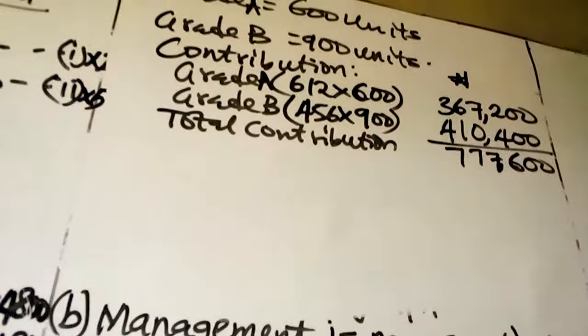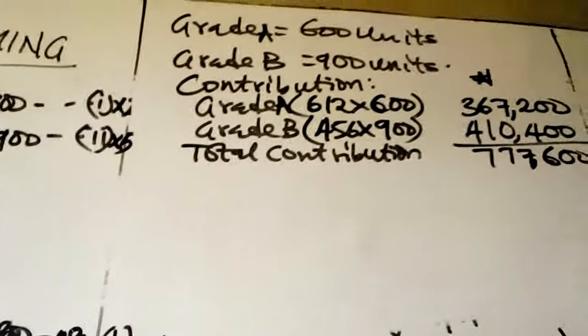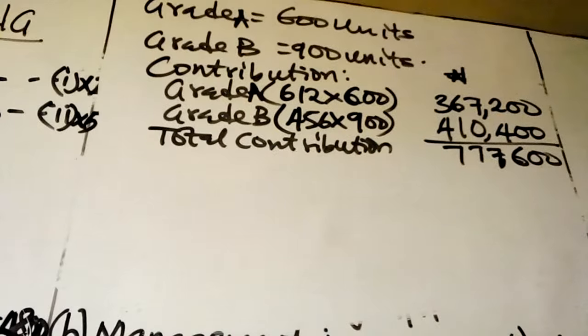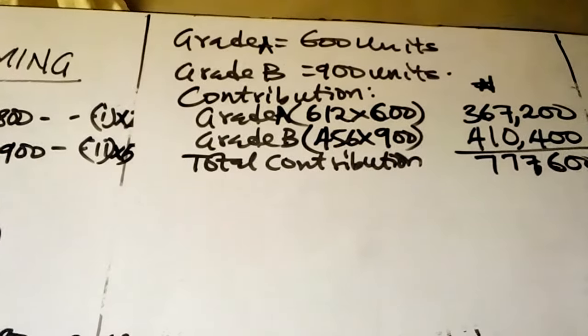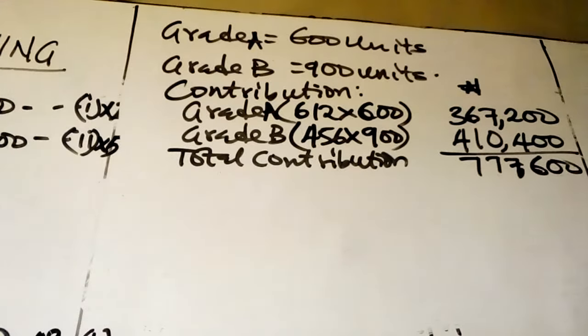Now you subtract the fixed cost from the contribution in order to get the profit. Our fixed cost is 600,000.